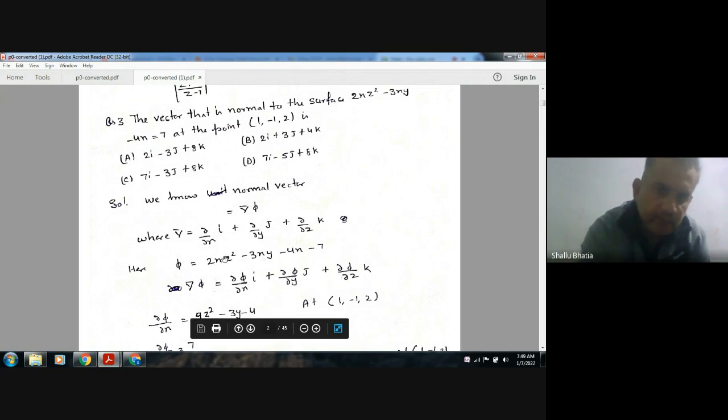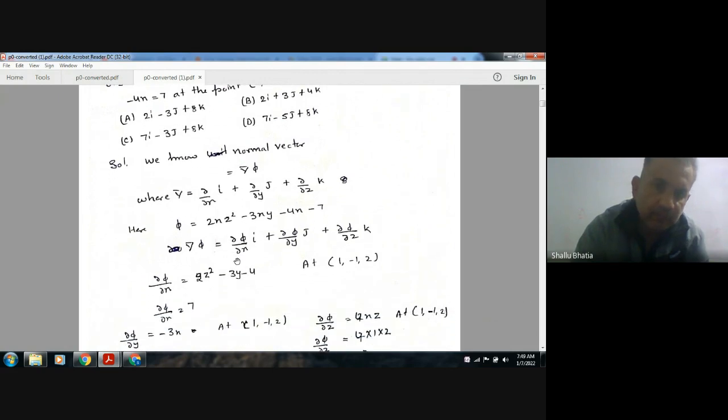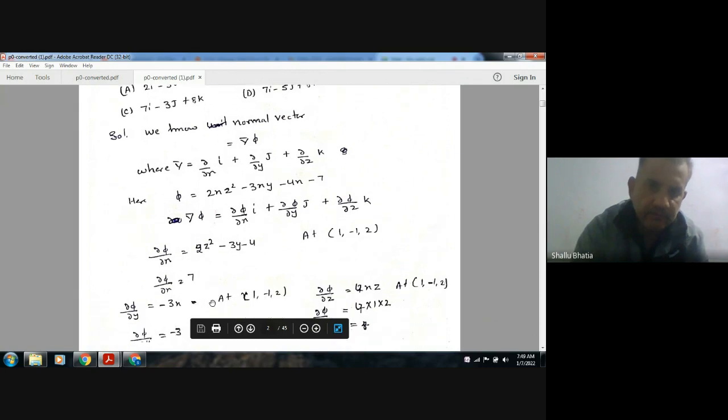Now find partial phi by partial x to find the normal. It will be 2z squared, then 3y, and then 4. Putting in the given point (1, minus 1, 2), it will be 7.